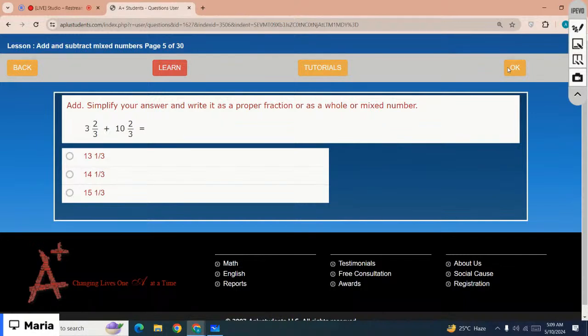Correct option, isn't it? How 1 over 3? Let me explain how. You cannot write a numerator greater than the denominator, right? So what do you have to do?